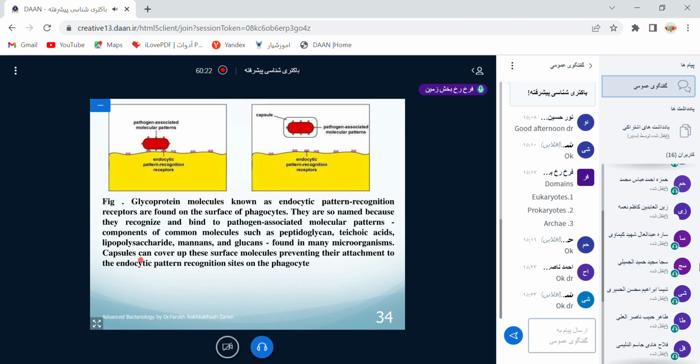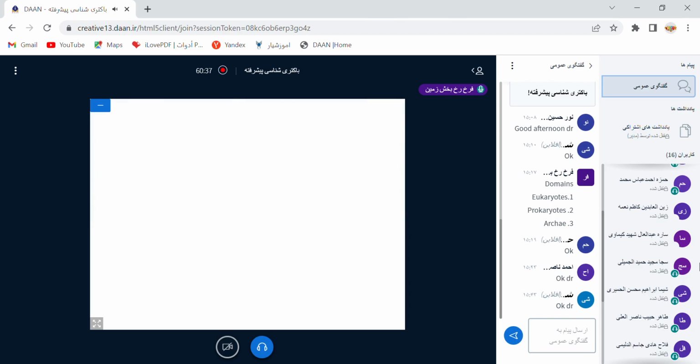Capsules can cover up these surface molecules, preventing their attachment to the endocytic pattern recognition sites on the phagocyte.